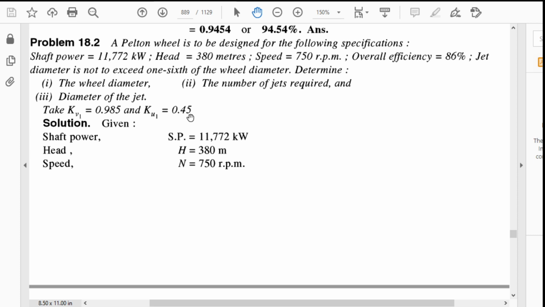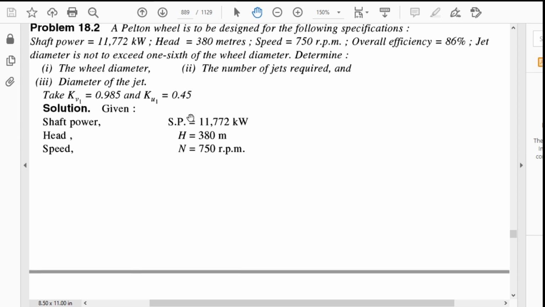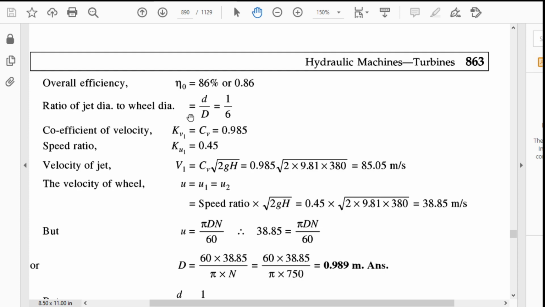So that will be your speed ratio, that is phi. So KU1 is your 0.45, that is the speed ratio. Now again the overall efficiency is given 86%. Here the condition that they have given, that the jet diameter is not to exceed 1/6 of wheel diameter, can be written as d by capital D equals 1/6.